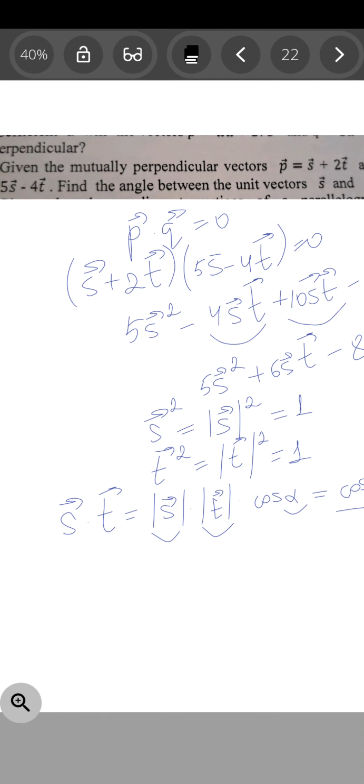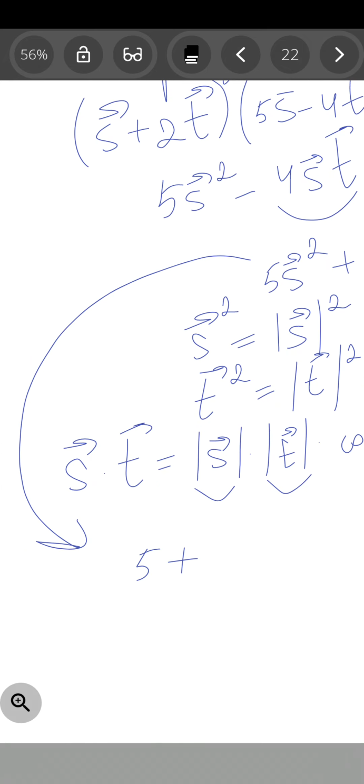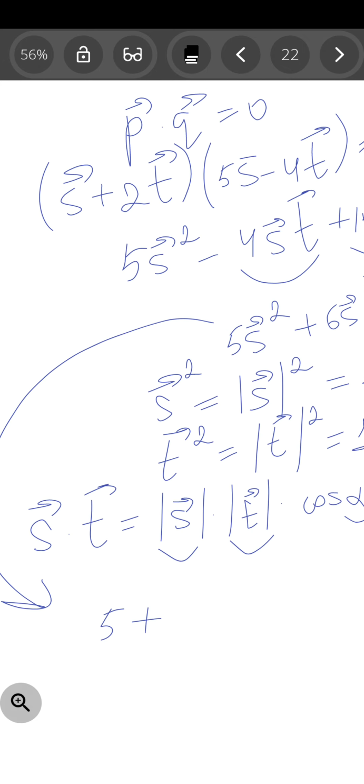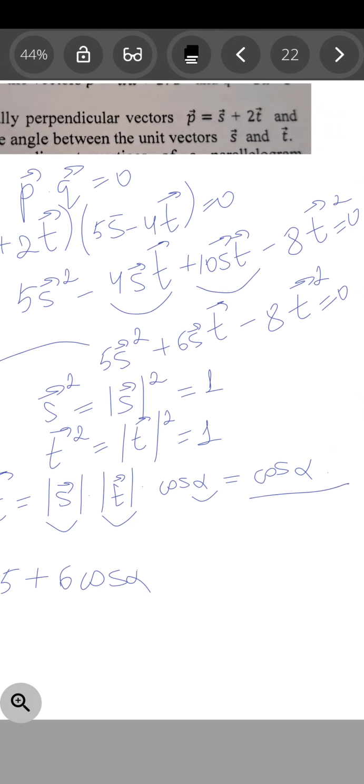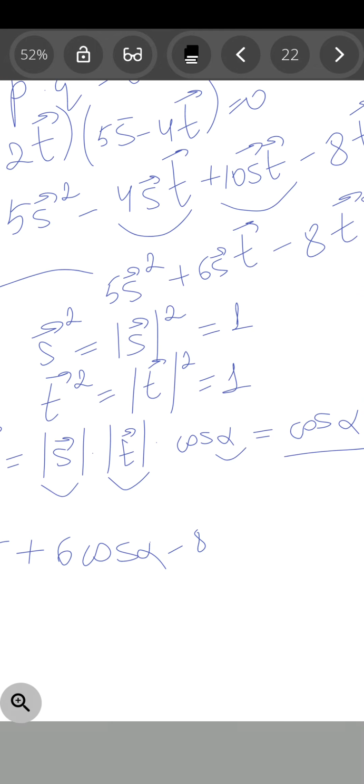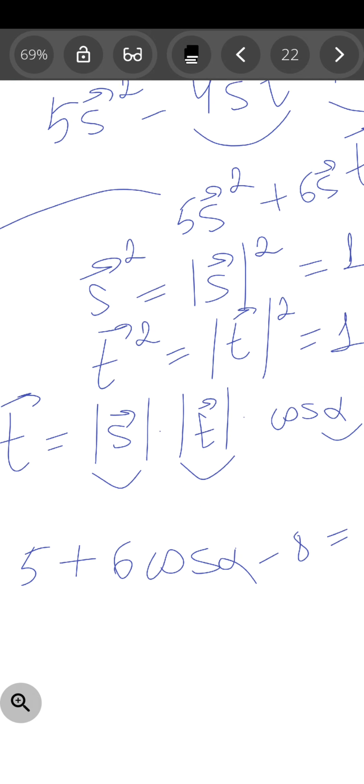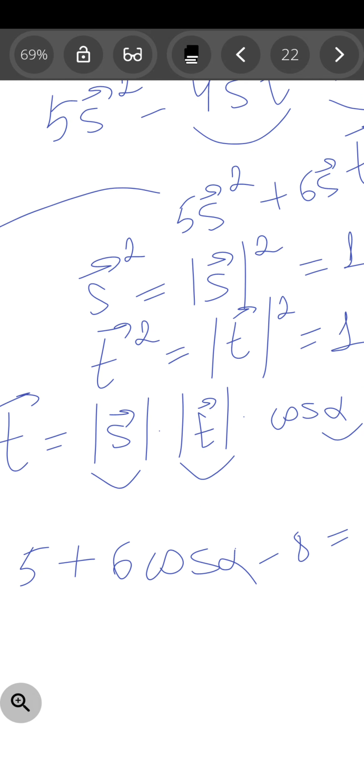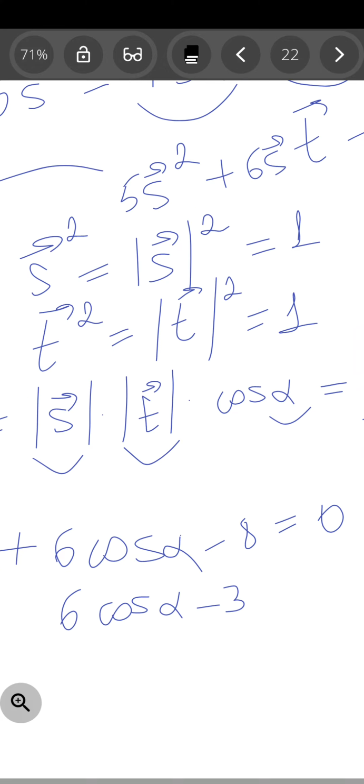Let's write these numbers in the place of our first expression. We obtain that 5 plus 6 cosine of alpha minus 8 equals 0. It will be equal to 6 cosine of alpha minus 3 equals 0.